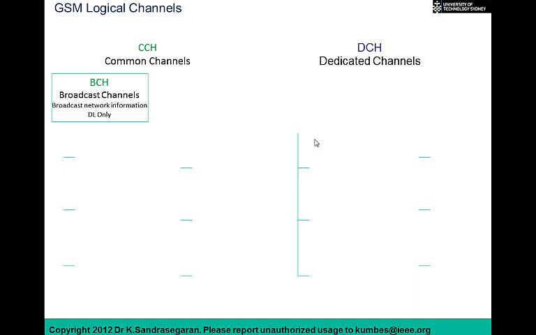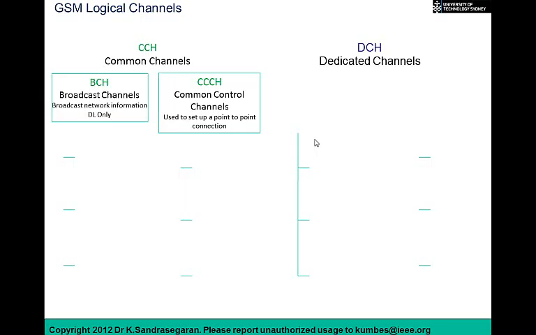Among the common channels we have broadcast channels, which are primarily downlink channels, because the network is continuously broadcasting information about the network on them. Then you also have common control channels, and these are used to set up a point-to-point communication.